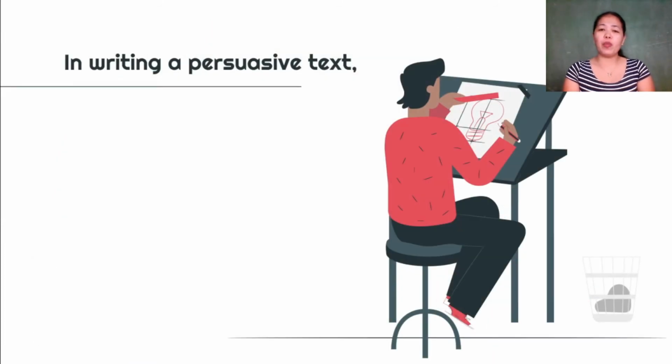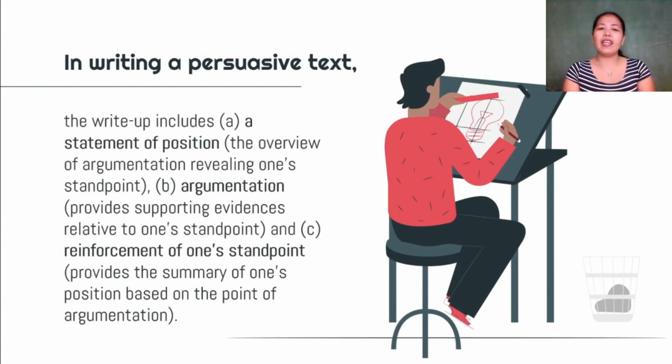In writing a persuasive text, the write-up includes: A, a statement of position or the overview of argumentation revealing one's standpoint. B, argumentation that provides supporting evidence relative to one's standpoint. And C, reinforcement of one's standpoint that provides the summary of one's position based on the points of argumentation.